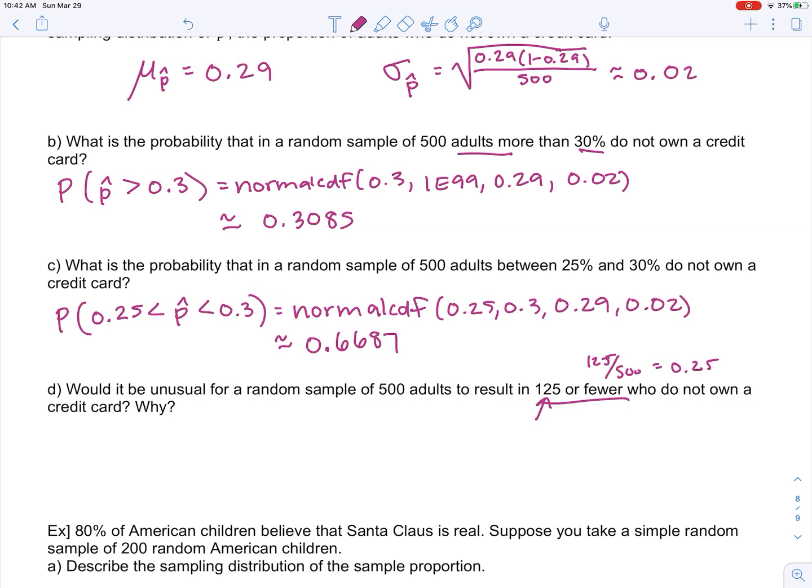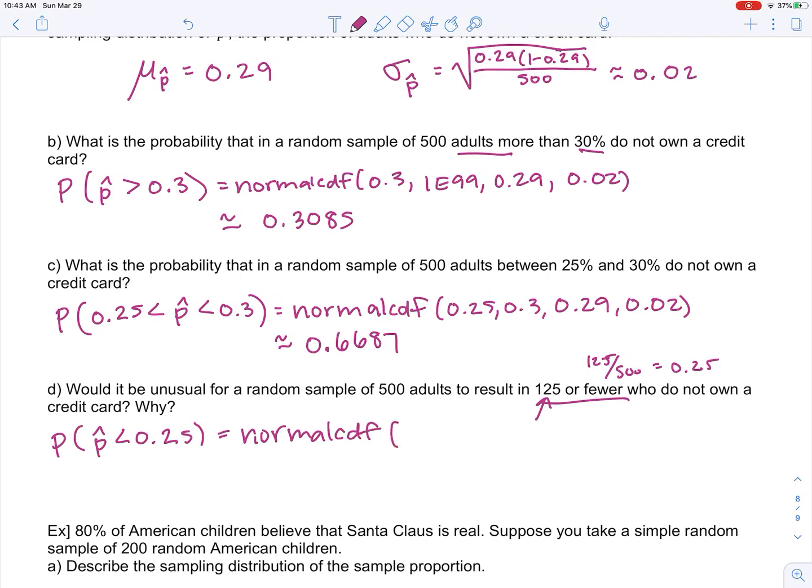You cannot use the number 125 directly, because remember our random variable is p hat, the sample proportion. So that value, 125, needs to be converted to a proportion. And it said fewer, so it's the probability that p hat is less than 0.25.